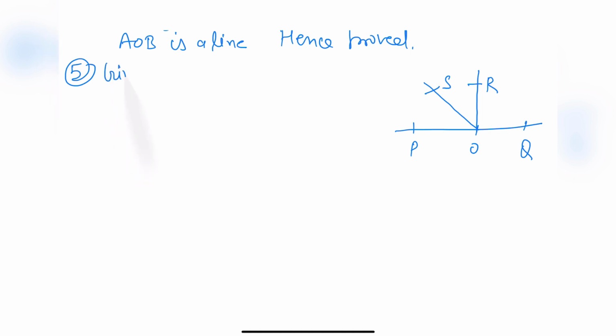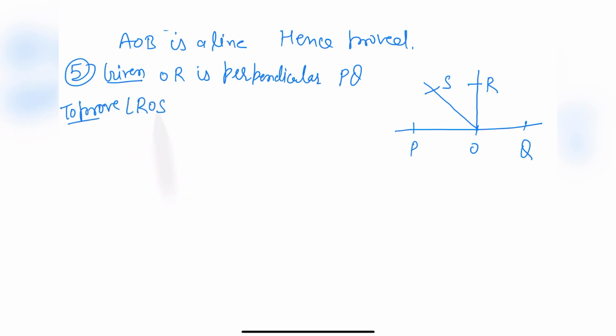What we have given here is that OR is perpendicular to line PQ. What we need to prove here is that angle ROS is equal to half of angle QOS minus angle POS.